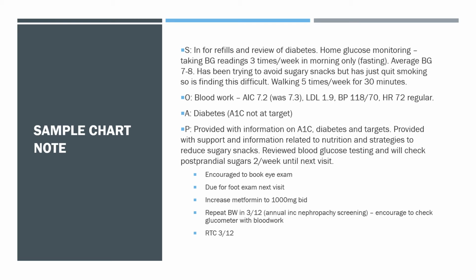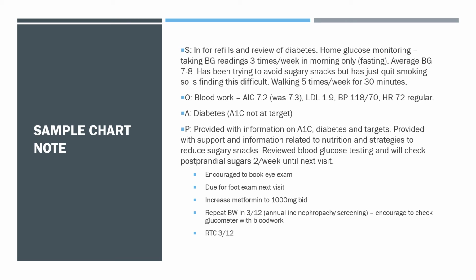Here is a sample chart note. For the subjective: in for refills and review of diabetes, home glucose monitoring, taking blood glucose readings 3 times a week, in the morning only, fasting. Average blood glucose between 70 and 80.